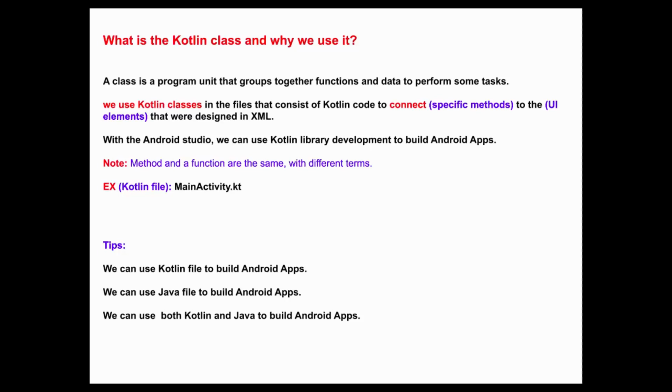That means if we have one project that consists of Kotlin files and Java files, then these files can work together without any issue and build through one project.